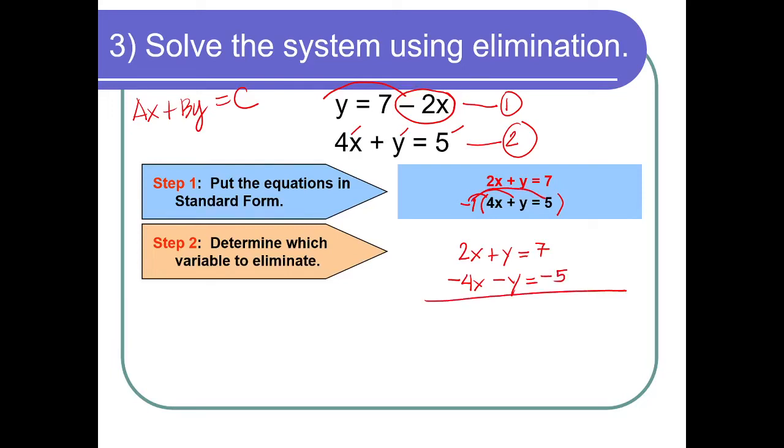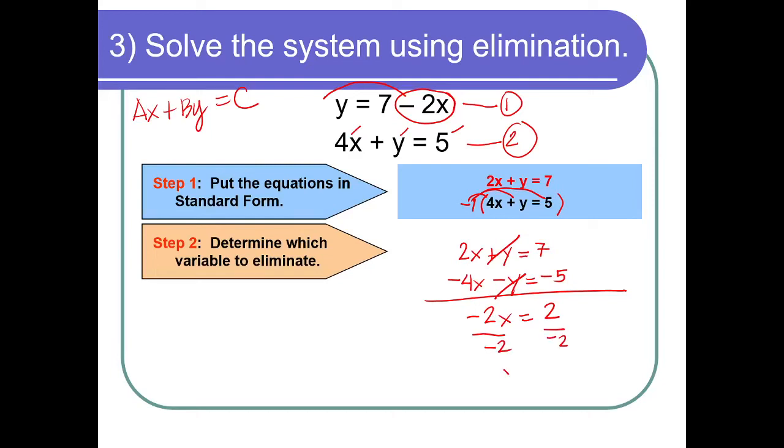And eliminate the variable y. Now, what is 2x minus 4x? Negative 2x. What about 7 minus 5? Positive 2. Negative 2 ang i-divide.